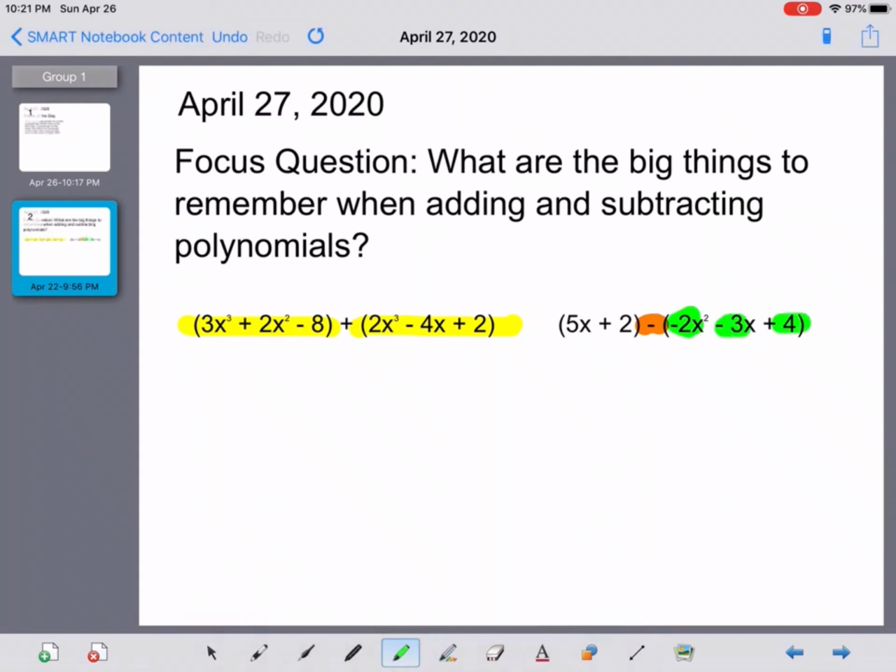So I'm subtracting negative 2x to the second, I'm subtracting negative 3x, I'm subtracting 4. The way I do that is I'm going to have to distribute the negative sign, and we've done this many times in the past. The easiest way to do that is think of the negative sign as negative 1 and just multiply that by all the terms. And you'll see me do that here.